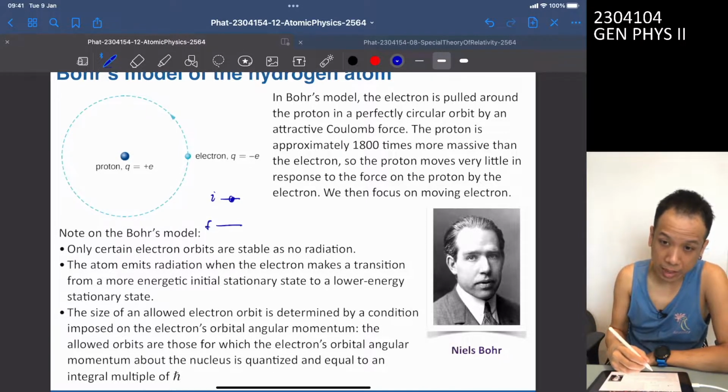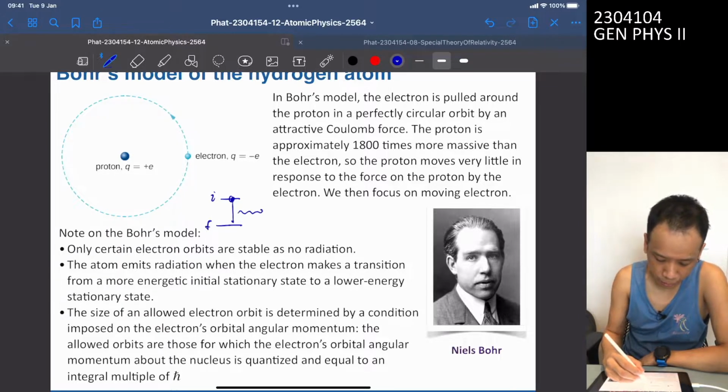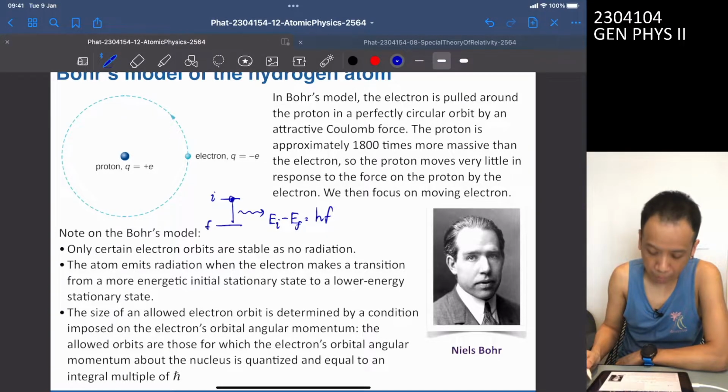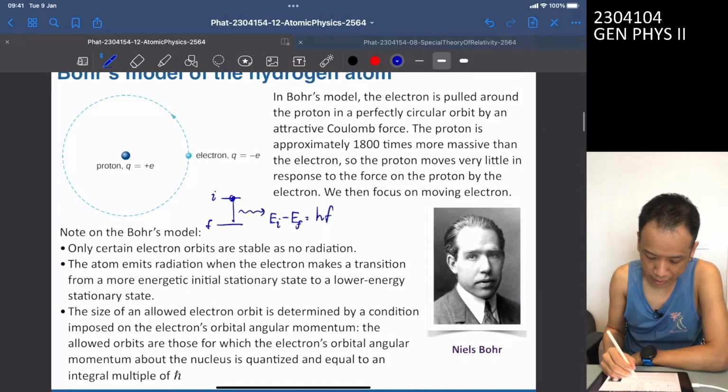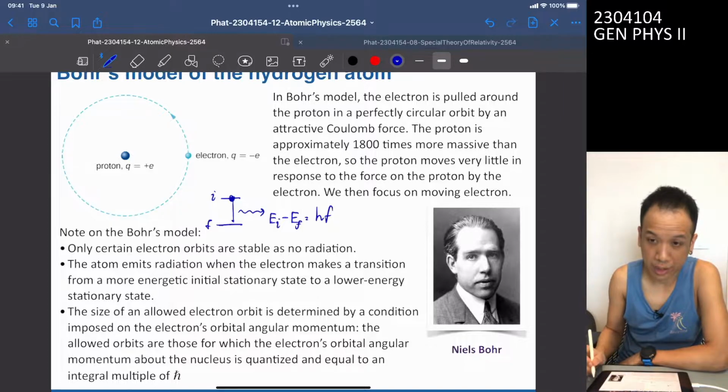Both are stable. When the electron goes down, it is going to radiate, and this radiation satisfies E_I minus E_F equals hf. So it is quantized. It depends on the energy of state I and the energy of state F, and equals hf.